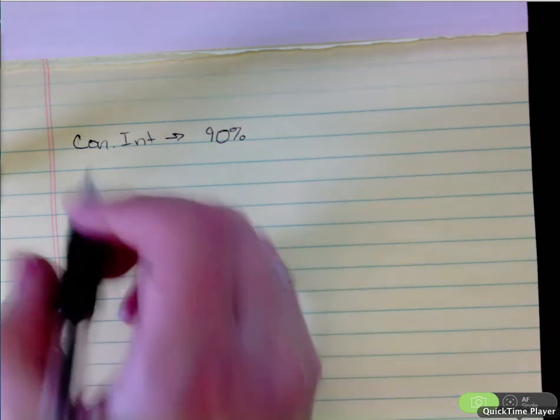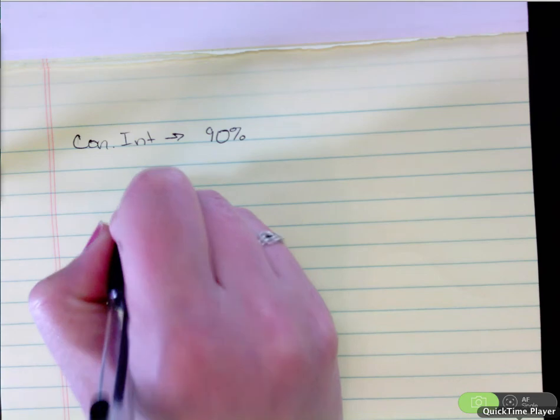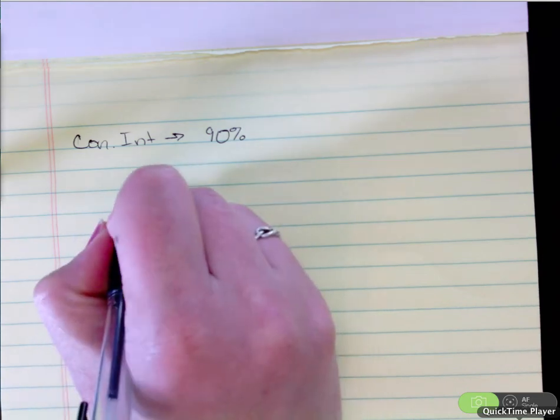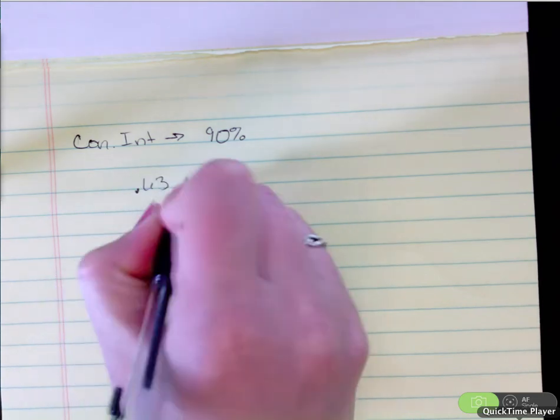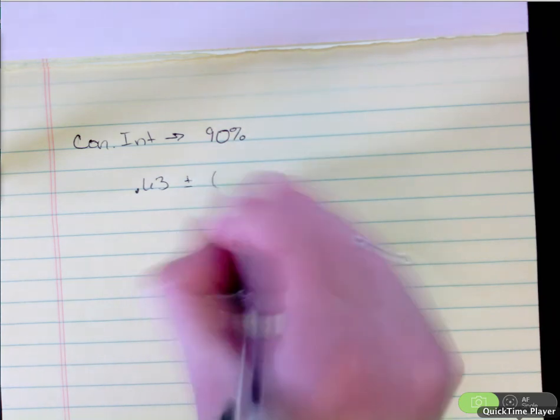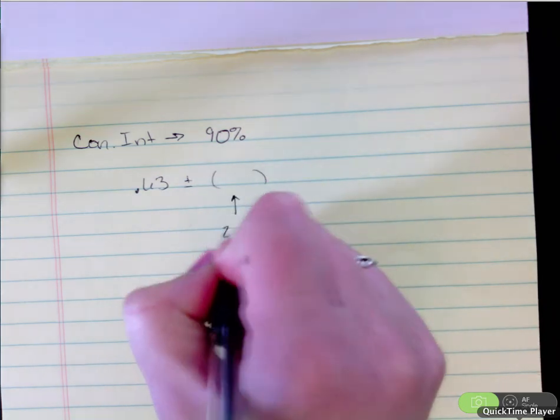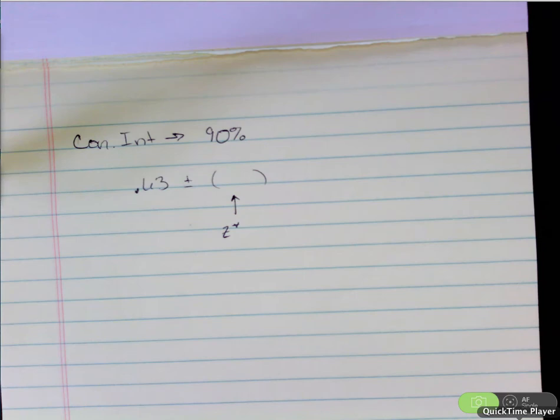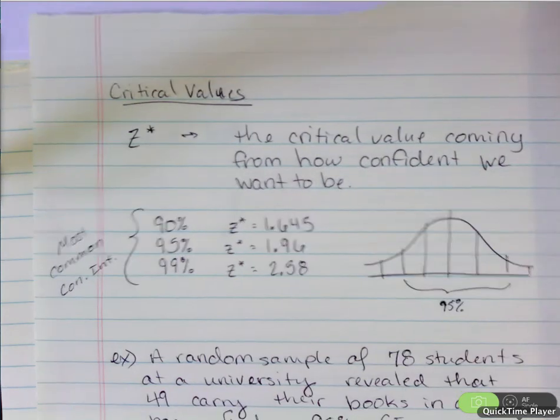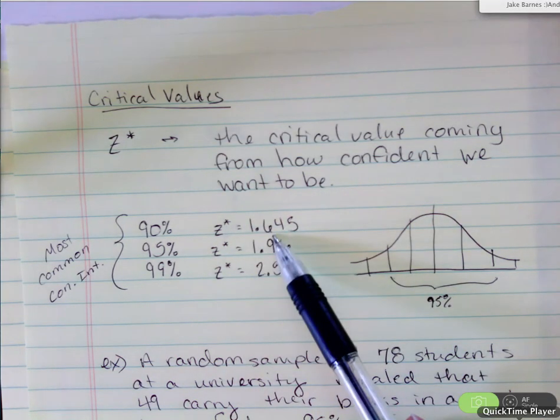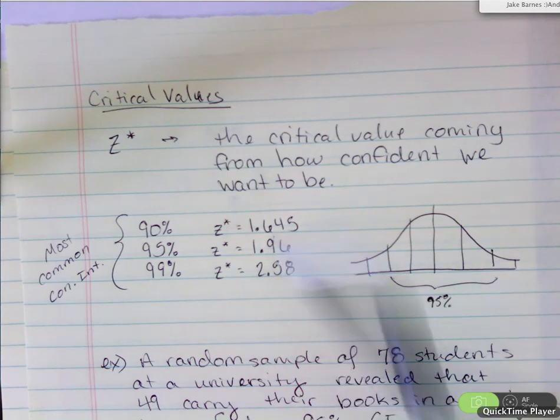If we're doing a 90% confidence interval now, we use our p hat, 0.63, plus or minus, and we need our critical value. From the 3 critical values that we need to know, we have 1.645.